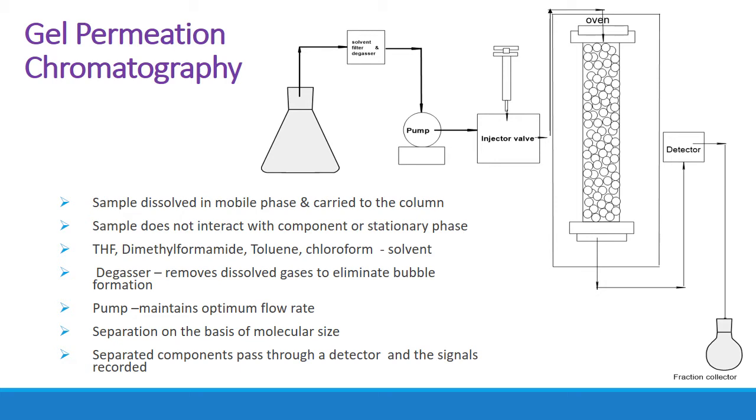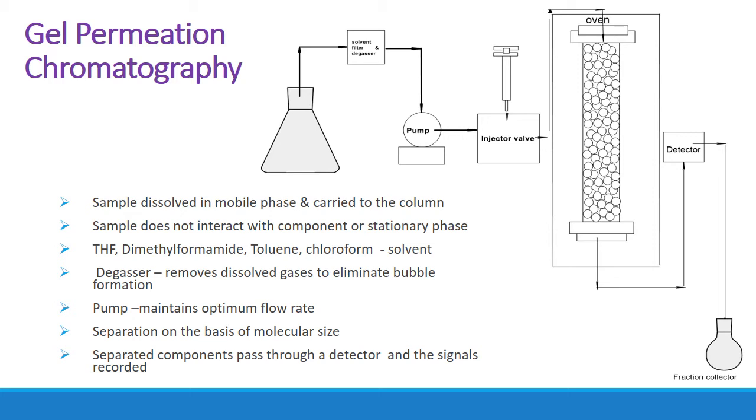It can also interfere with the performance of the detector. This solvent is then pumped at an optimum pressure needed to ensure a constant, reproducible and accurate flow rate to the column.